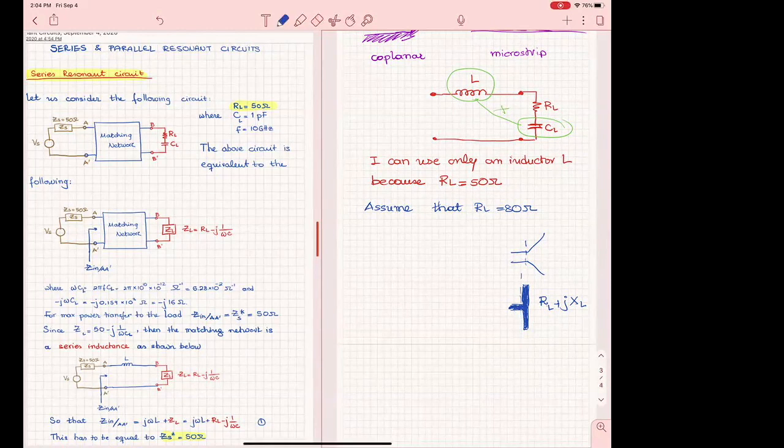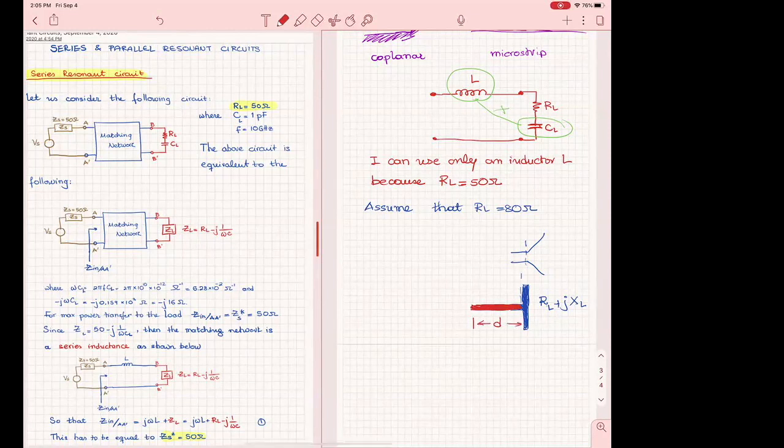I use a section of a line first of all, here. All right, so I use a section of a line, which is a microstrip line, so it's gonna work like a transmission line that is gonna have a distance D from the load.